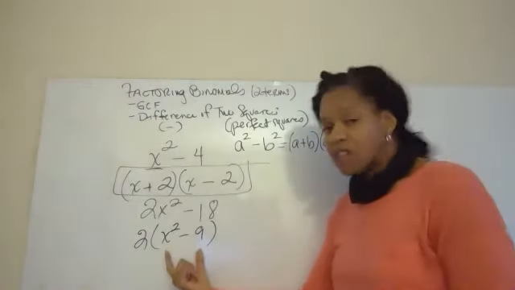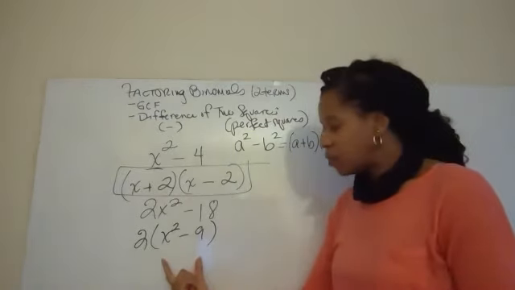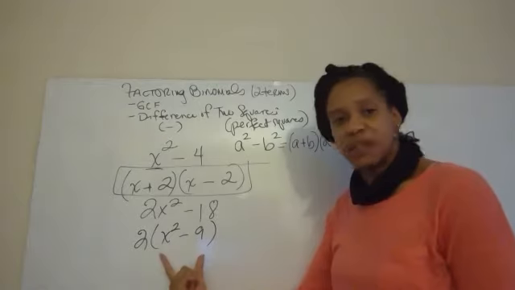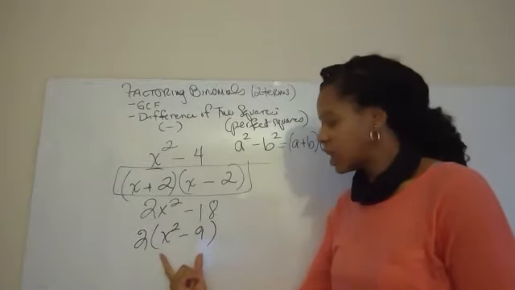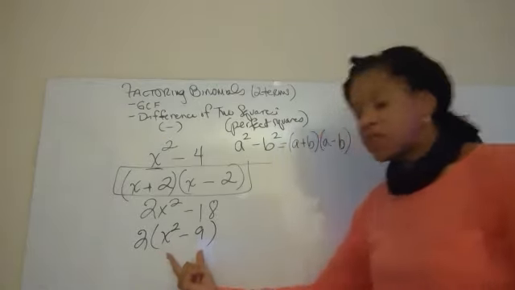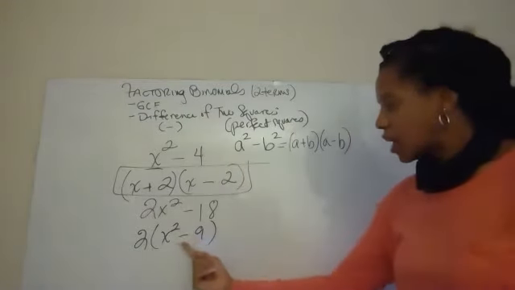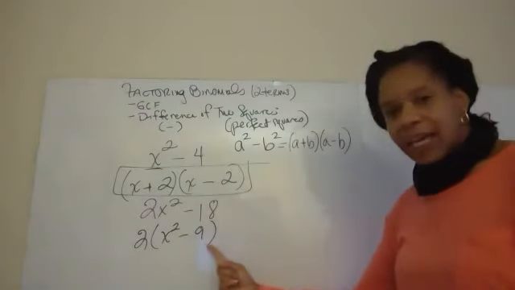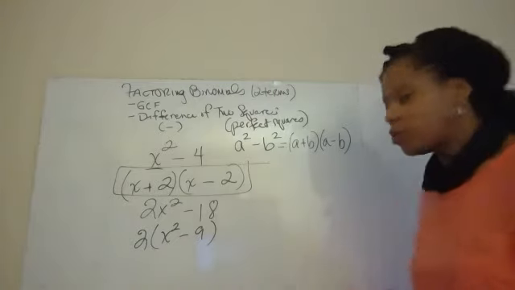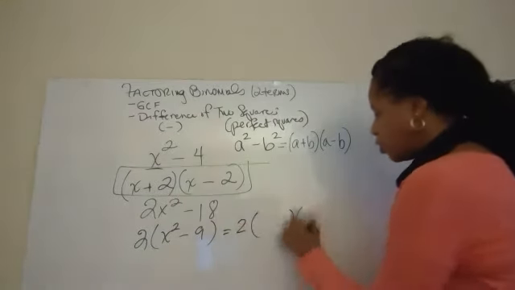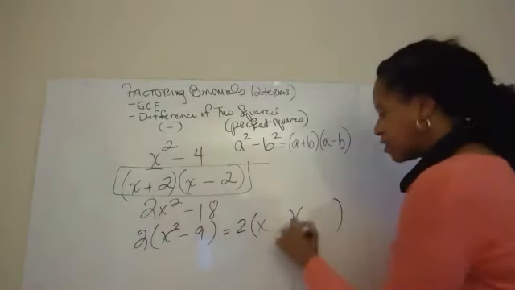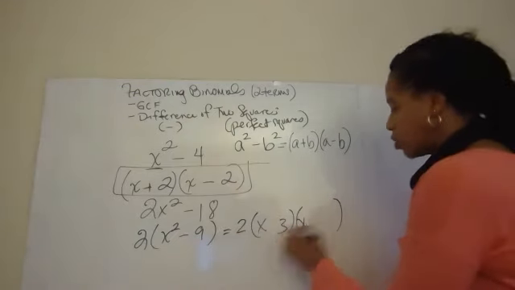Well, now, as always, after you do the GCF, you have to check to see if you can factor what's left in the parentheses. Well, this is the difference of 2 squares, right? X squared minus 9. A 9 uses the same 2 factors. So we do 2 sets of parentheses, x, and 9 is going to be what? 3 and 3.